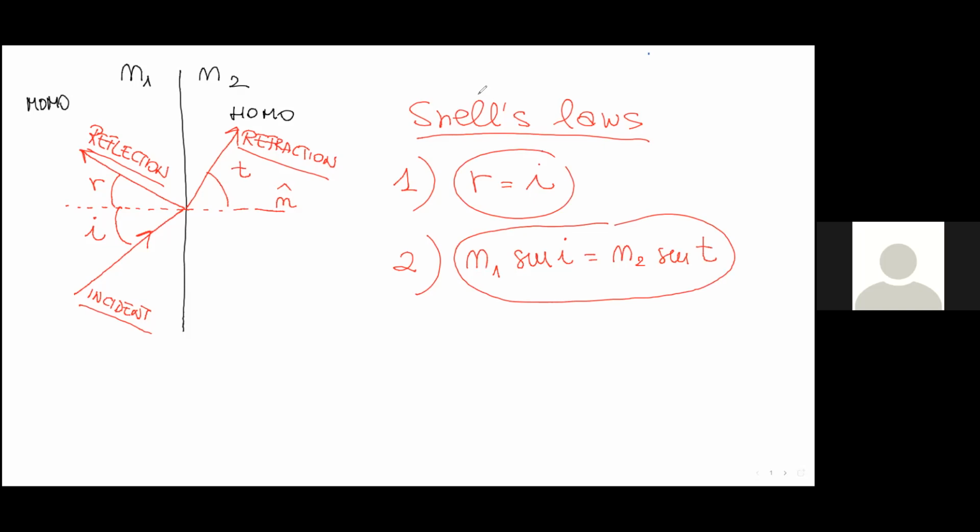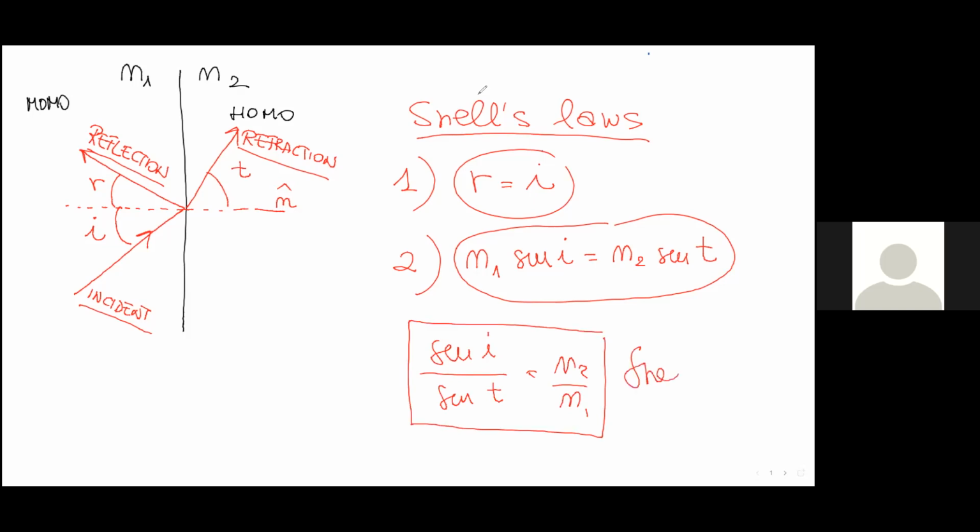You can write it like this: sine i divided by sine t is equal to n2 over n1. Okay, this is Snell's law.